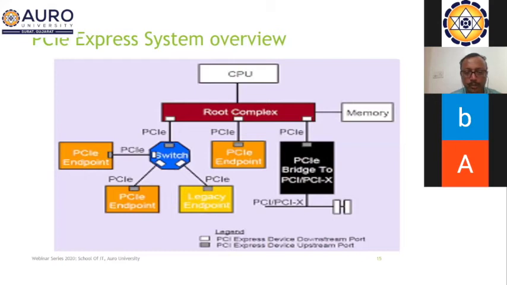A PCI endpoint can be a graphics card or it can be SSDs. And the switch is a PCI switch. The switch gives you more ports so that you can connect many drives to the same system, and the CPU can access all these endpoints through this topology.